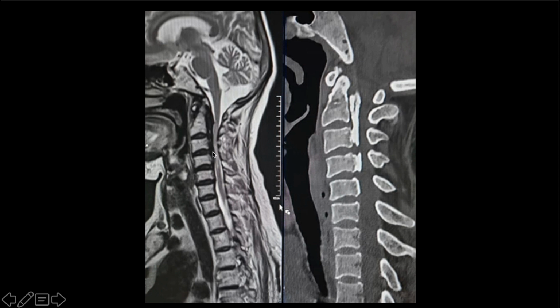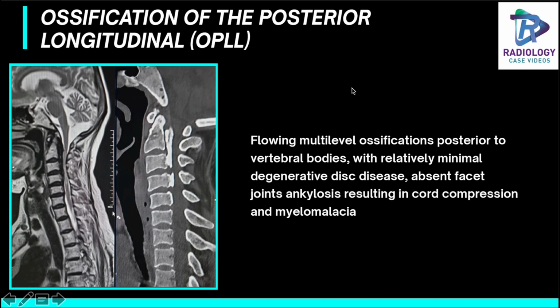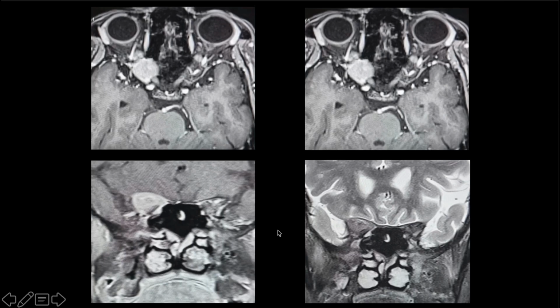Bony canal and disc level canal stenosis is seen. So this is a classical case of ossified posterior longitudinal ligament. They can also be associated with fluorosis. There is flowing multilevel ossification posterior to the vertebral bodies with minimal degenerative disc disease and absent facet joint ankylosis, resulting in cord compression and myelomalacia. This is the classical description of ossified posterior longitudinal ligament.